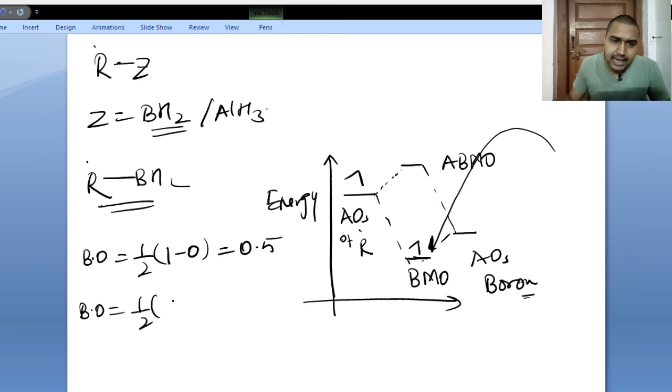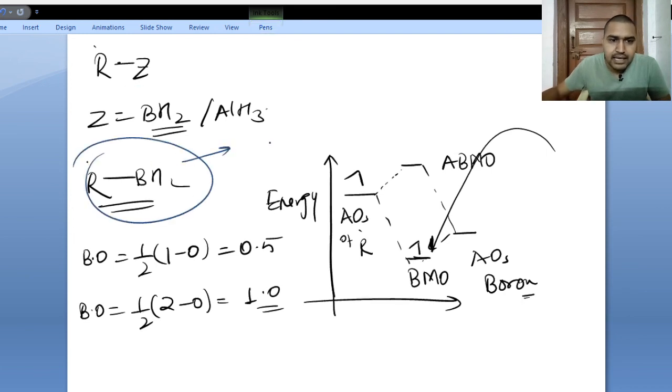NB minus NA, where NB is 2 and NA is 0, so your bond order is increasing. Whenever we accept an electron, the bond order increases, which is favorable for the reaction. So in this case, your free radical will act as an electrophile.